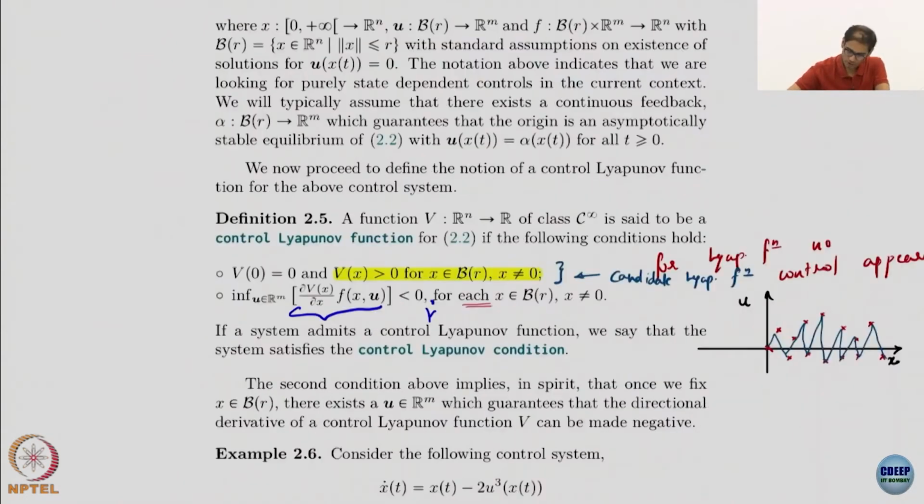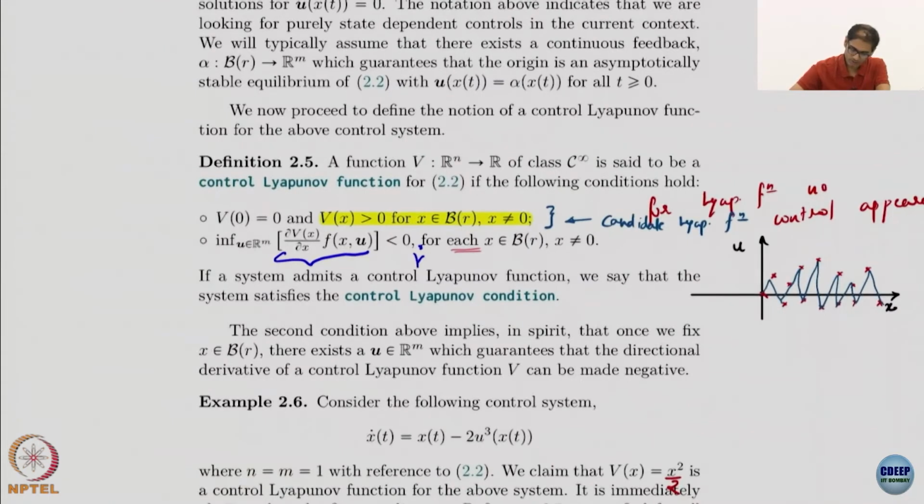So first things first, what is a control Lyapunov function? This function V is still a function of purely the state, by the way. This is not a time varying system. Just like our LaSalle invariance discussion, we are still not working with a time varying system. It is purely state dependent. Time doesn't explicitly appear on the right hand side.